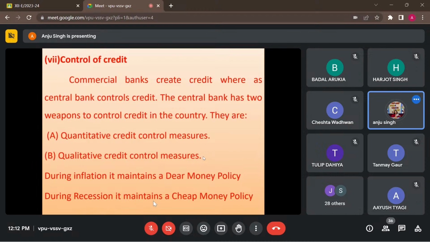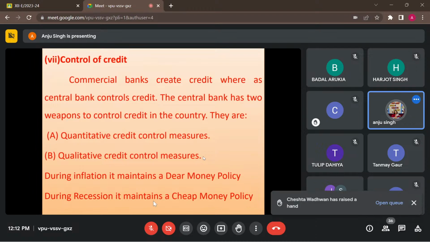Now, if the margin requirement works on the basis of inflation and recession in general, should we categorize margin requirement as a qualitative credit control tool or a quantitative credit control tool? Let me see who answers this question. I started with qualitative, now I'm asking you a question.